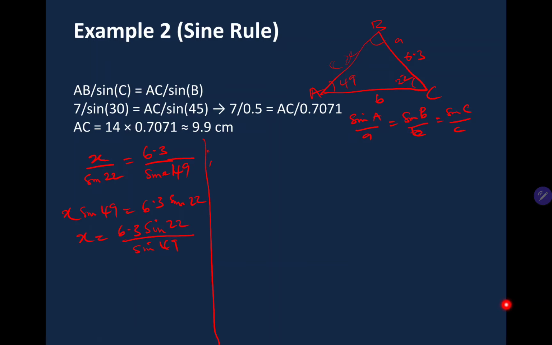So what remains here is just to press your calculator, get sine 22, get sine 49, multiply sine 22 by 6.3 and divide it by sine 49, and you get the value for your x. So if I press my calculator, the final answer should be 3.15. Since we approximated the first time, we could just say this is equal to 3, let's say it's in centimeters.